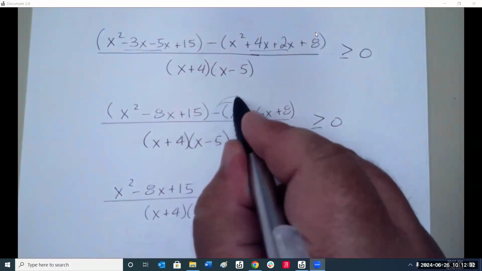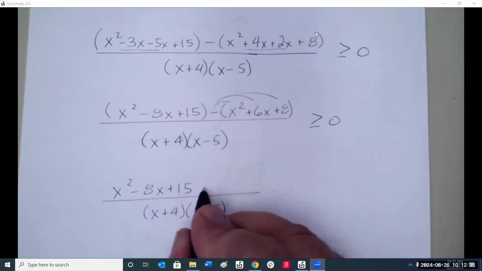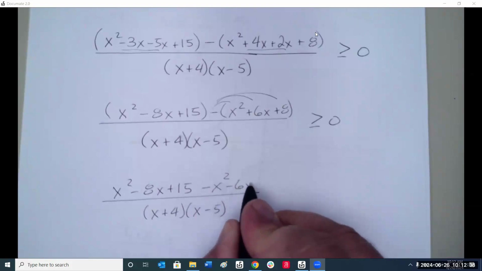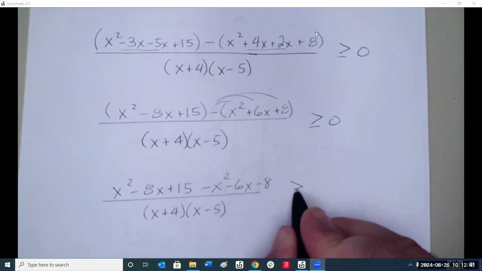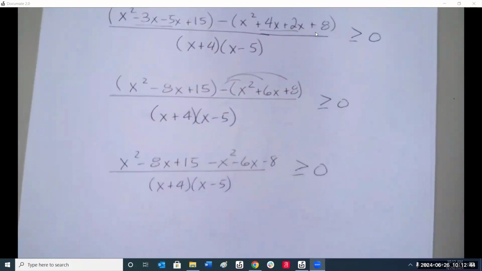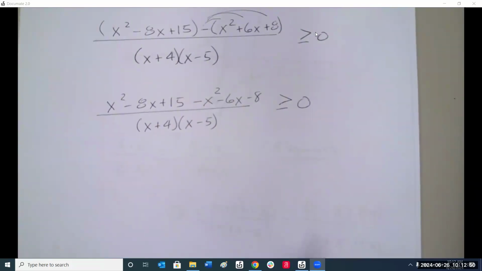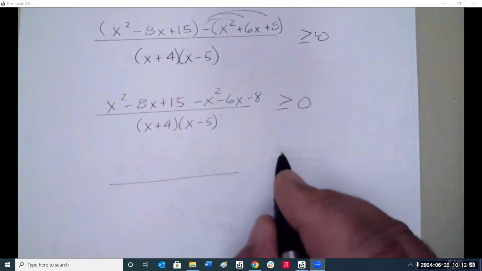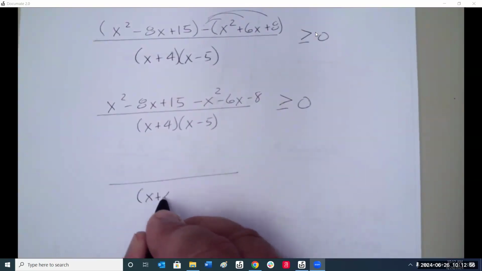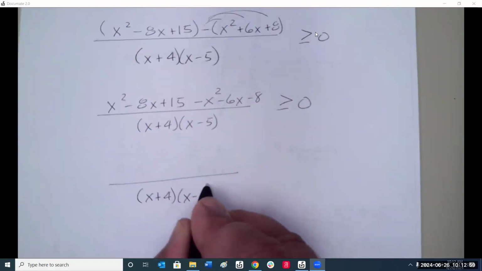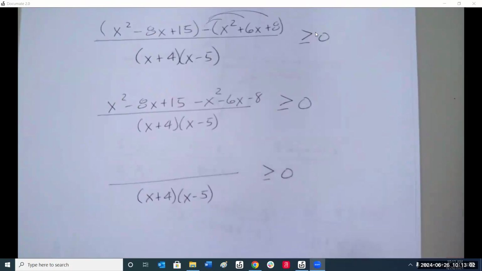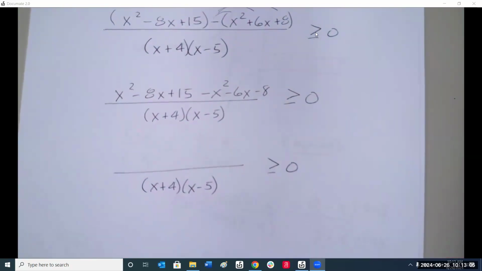And inside the second, I have to change everybody's sign because of the negative in front. Combine like terms.